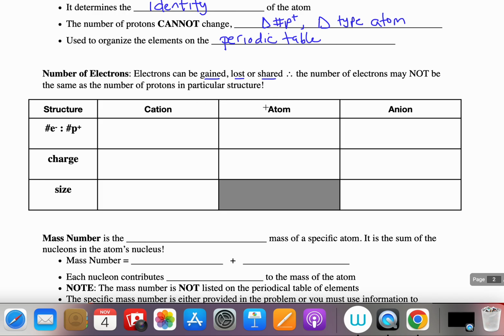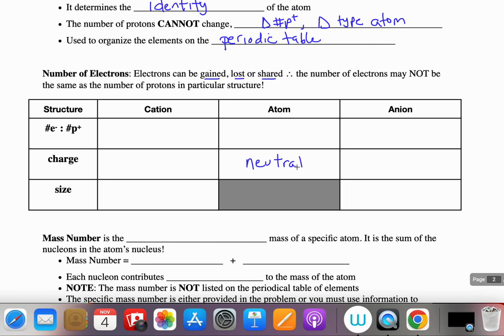So take a look. The atom is our reference point. I've asked you to memorize the fact that if any structure is described with the term atom, it means that it doesn't carry an overall charge. Its net charge is neutral.